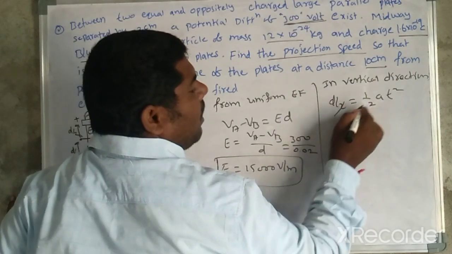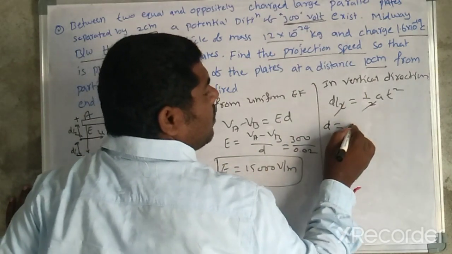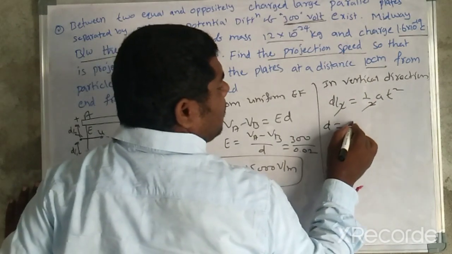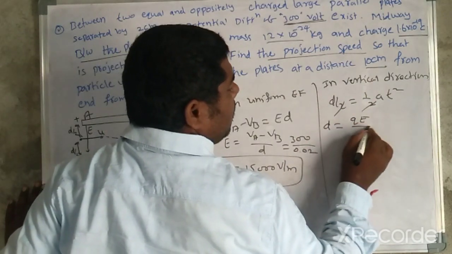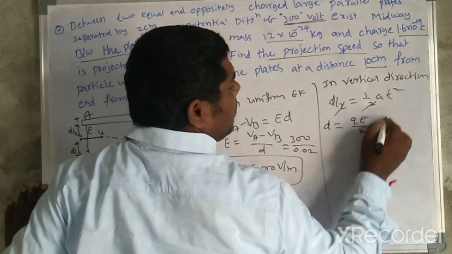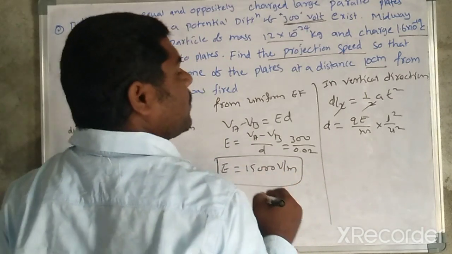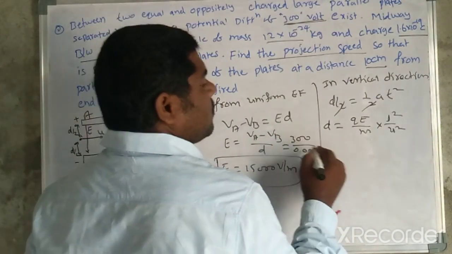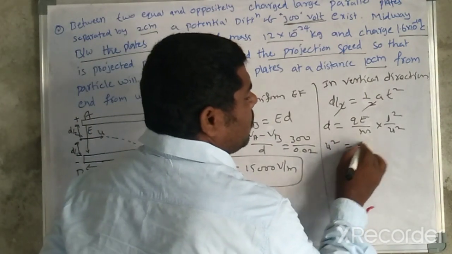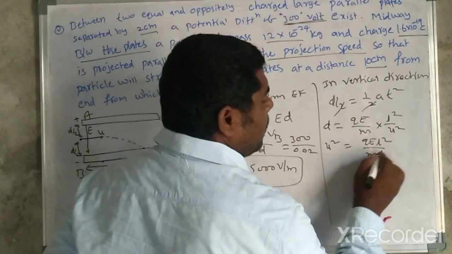The half cancels. So d is equal to acceleration, which is qE divided by m, into t square, which is L square by u square. After rearranging, u square is equal to qE L square by m into d.